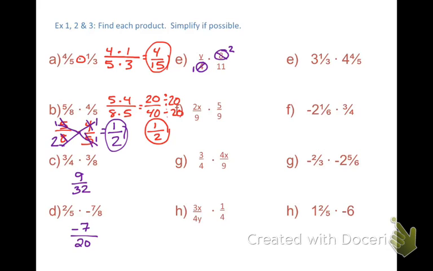And there's no number that can go into y and 11. So now you're going to multiply across. So y times 2 is 2y. Keep the y in the back, not y2. We're not doing bingo. And 1 times 11 is 11. And there's your answer.